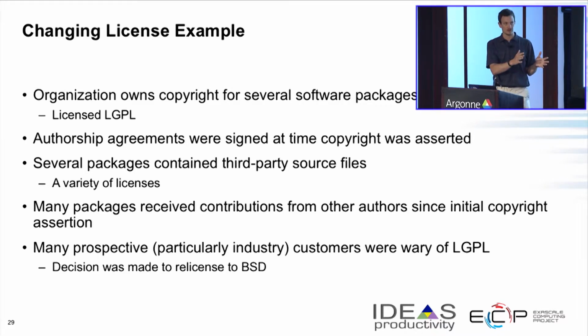So going from LGPL to BSD, we found that we had chunks of other third-party code with LGPL copyrights on it. Well, now if we're looking at moving to BSD, that's not compatible anymore. And we can't change their copyright. And so you either have to eliminate that functionality, contact the original authors and try to get that changed, or whatever else.